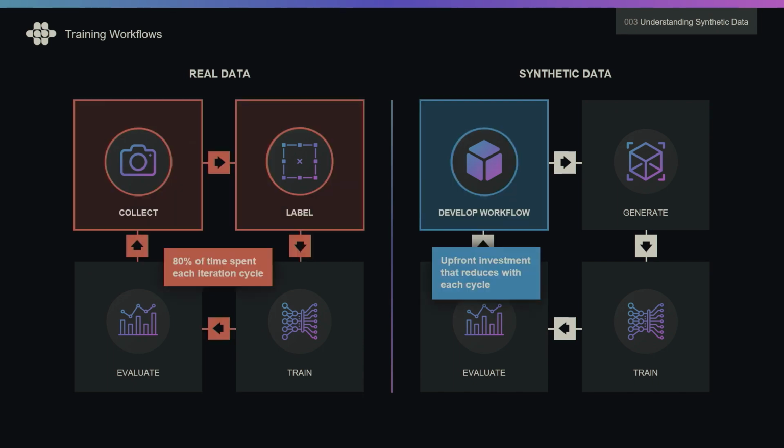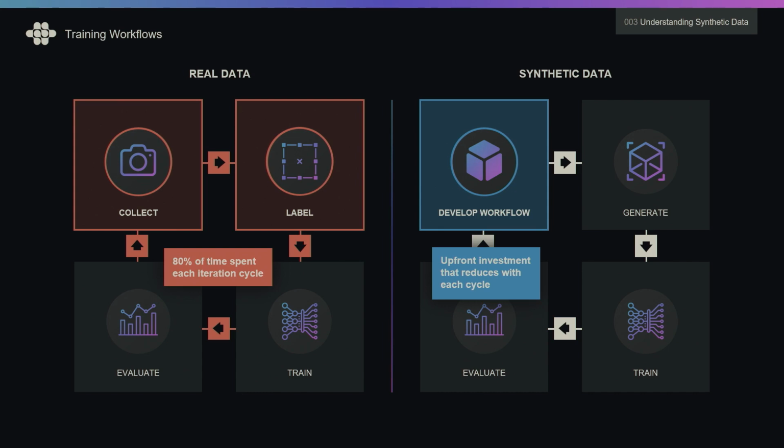The major difference comes in when you start to evaluate the time to iterate. With real data, something like 80% of your time is spent just collecting and labeling the data. When hardware changes come online or a use case is modified, it could potentially lead to needing to totally scrap your data set and start all over with collection.